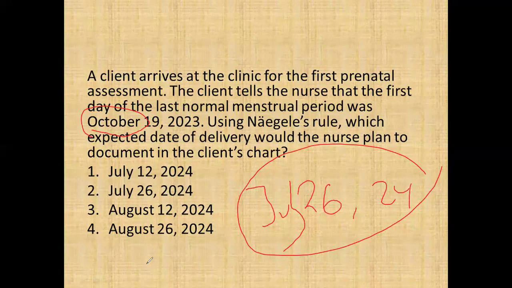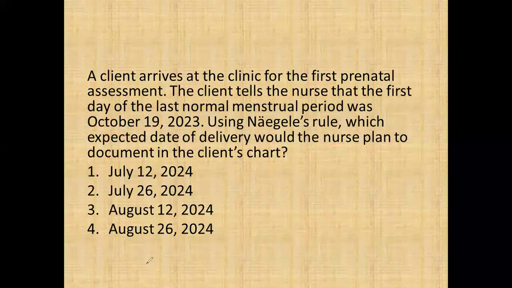For those who were not here, when we're determining the estimated date of delivery using Naegele's rule, I said that this rule largely applies to pregnant people with a regular menstrual cycle of 28 days. Of course, the question will not actually tell you that it's a regular menstrual cycle, but it will just tell you to determine the EDD. And in determining the EDD, we said we use 2 methods.